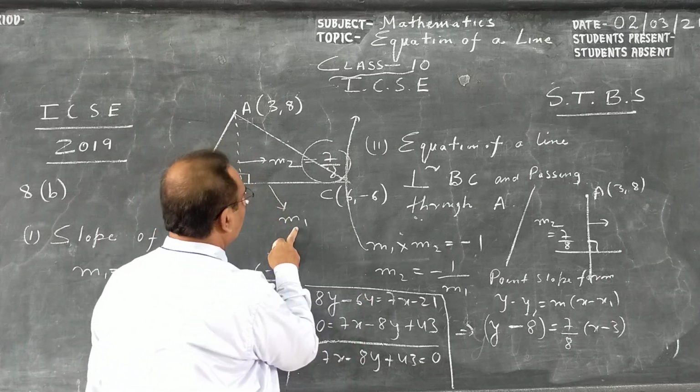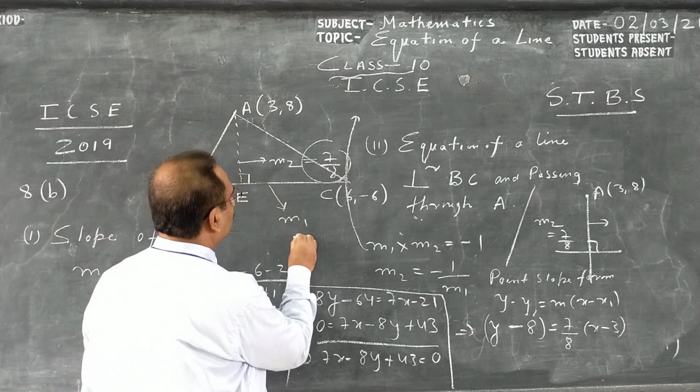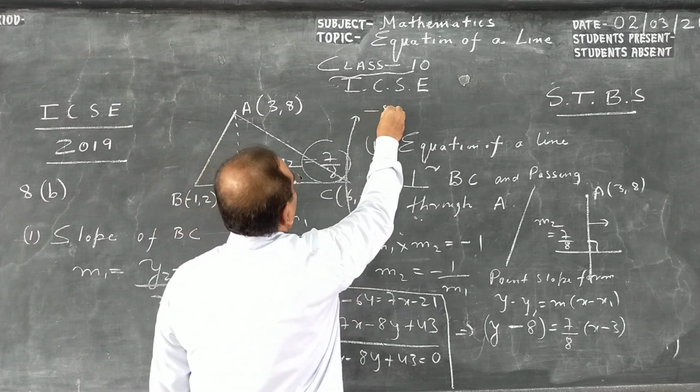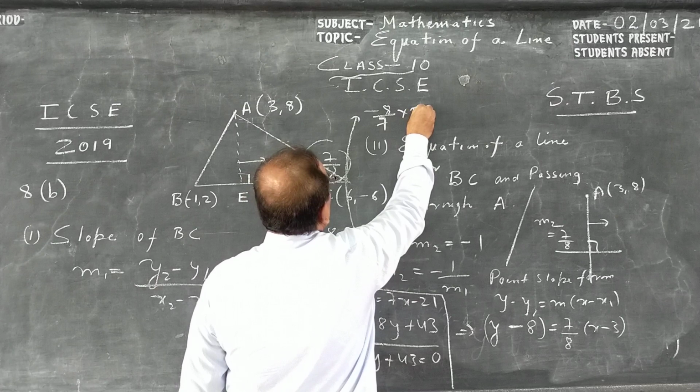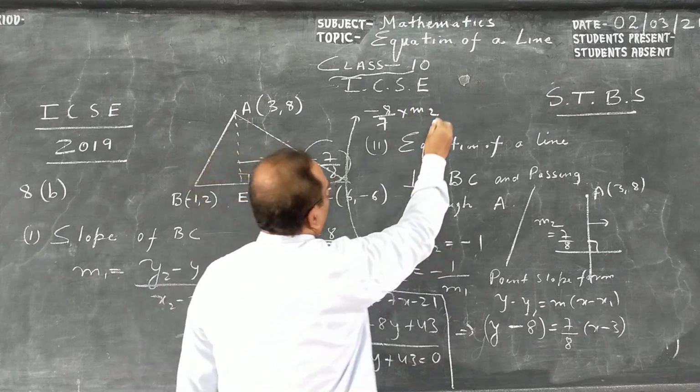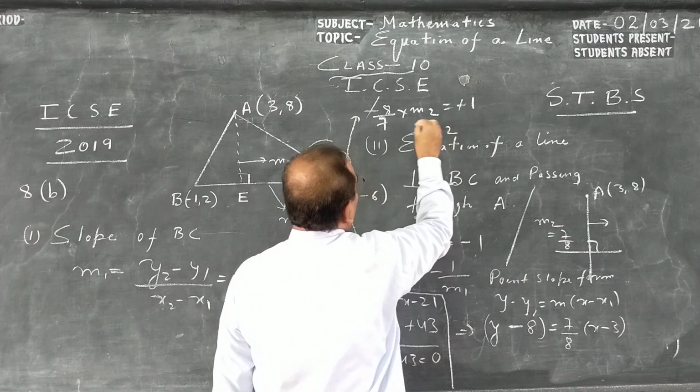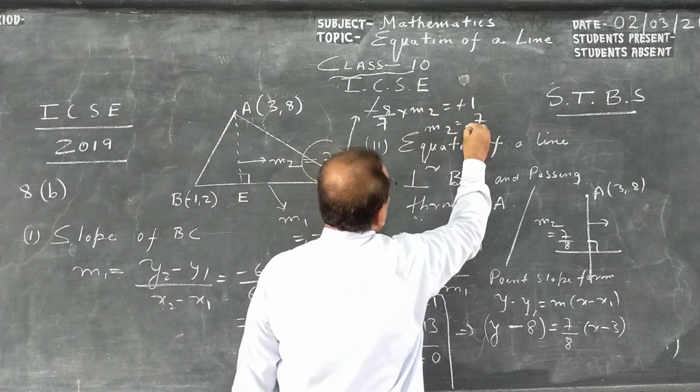Let m1 I have found out, children, is minus 8 by 7. So minus 8 by 7 into m2 is minus 1. The minus signs cancel. So you see m2: 7 goes up, 8 goes down.